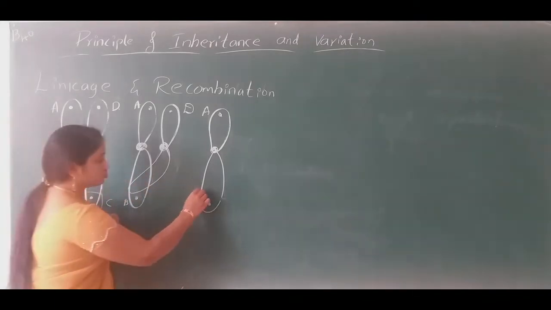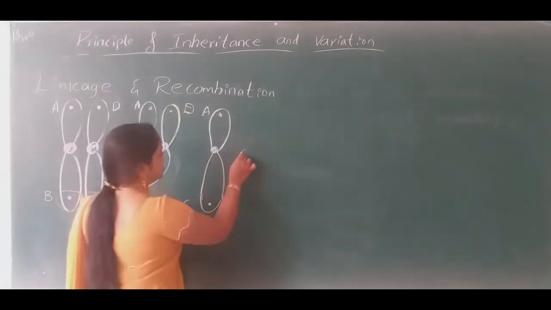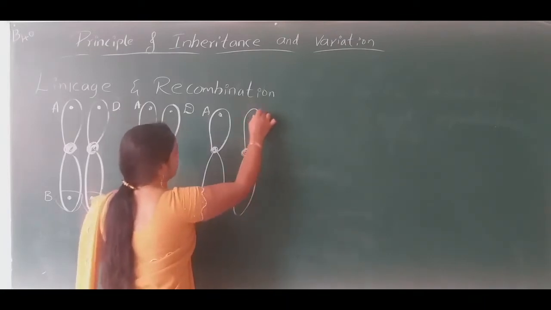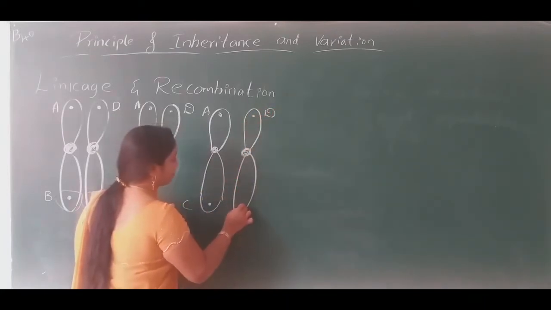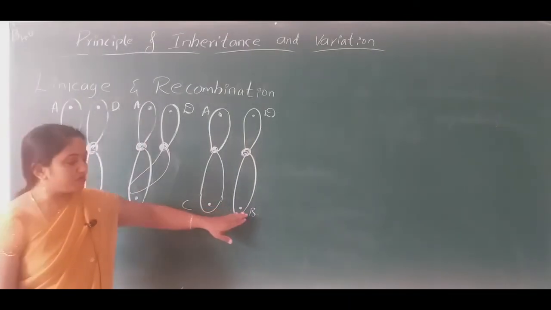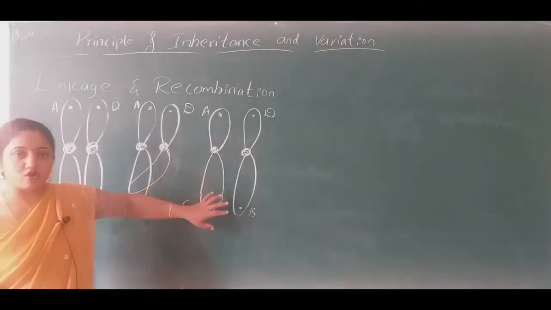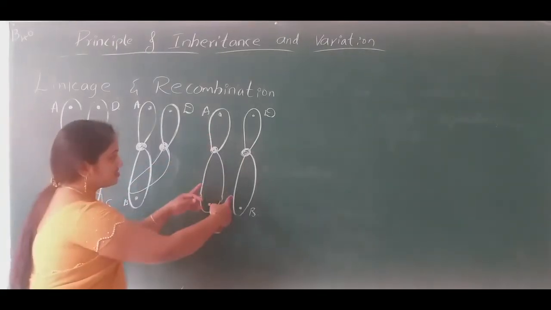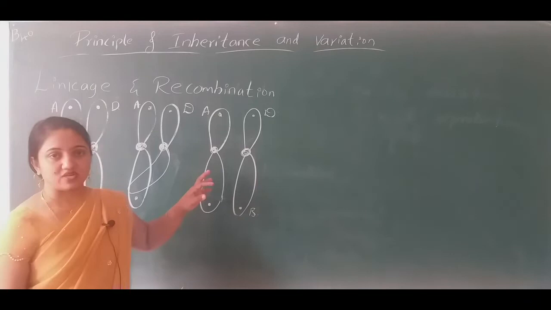So what should I write here? Here I should write the C gene, and here on one more chromosome I have to draw D, and here comes the B. Because of this phenomenon, genes get shared in the non-parental chromosome.